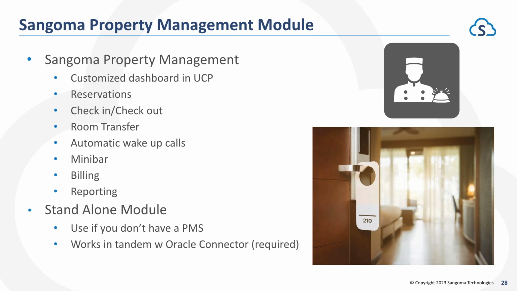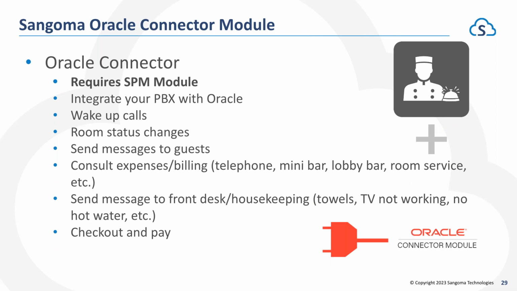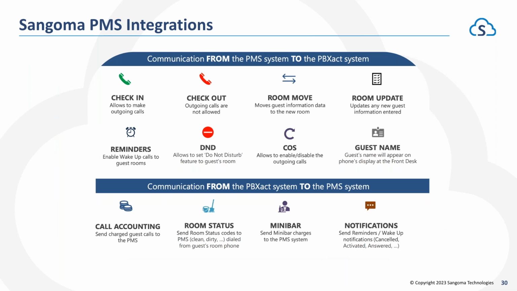But this module also works in conjunction with our Sangoma Oracle connector module. So Oracle is one of the most, if not the most, prevalent PMS software applications that hotels use. And we have the ability to integrate your FreePBX or PBXact with Oracle. And this is going to do all sorts of things, from syncing information with respect to the PBX to the PMS system.